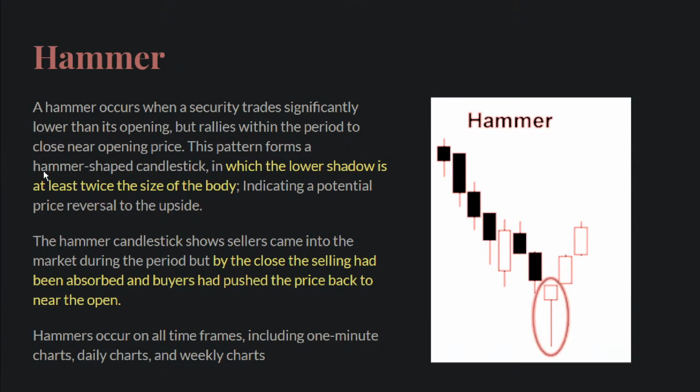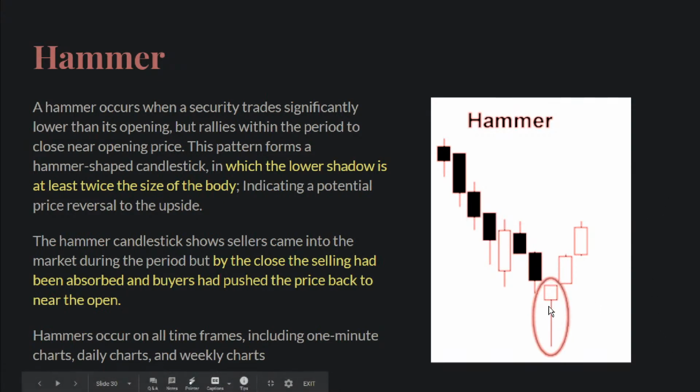Anyways, so the hammer occurs when a security trades significantly lower than its opening, but rallies within the same period to close near its opening price. This pattern forms a hammer-shaped candlestick, but the key is that it's at the end of a downtrend. So we can see a clear downtrend here, and it's a strong downtrend, and it's at the lows, under the averages.